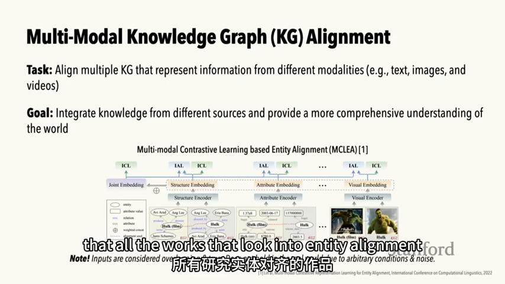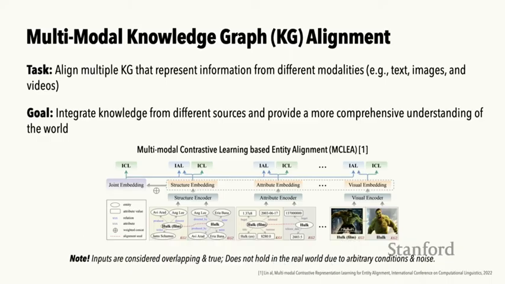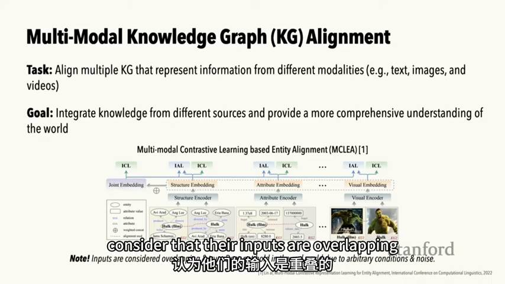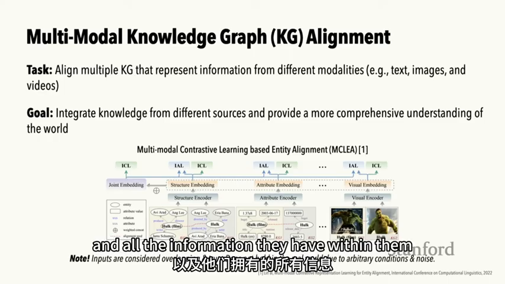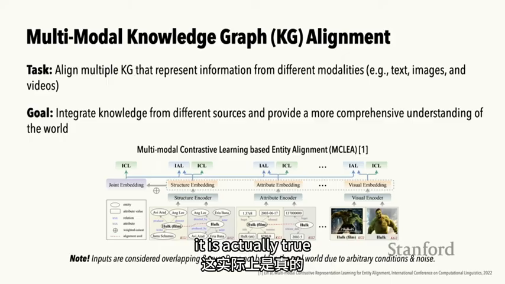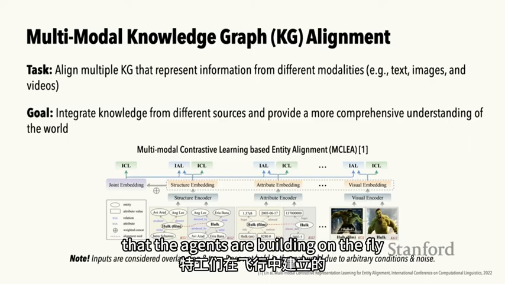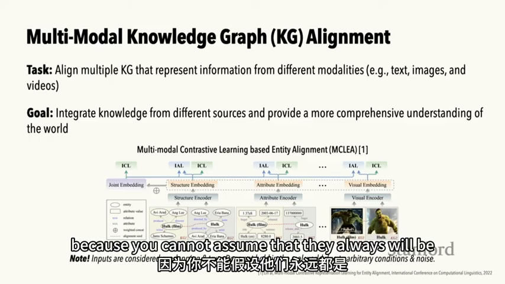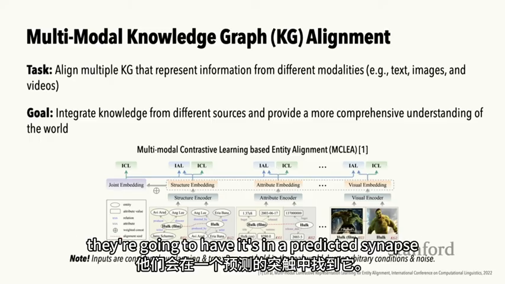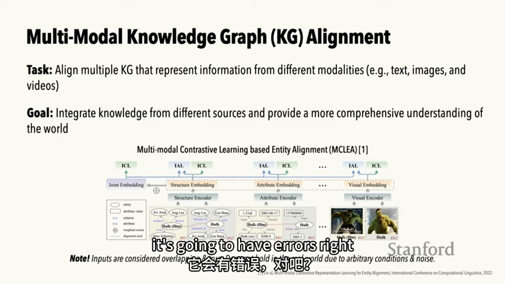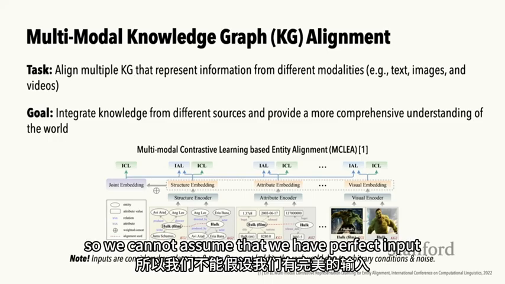However, please note that all the works that look into entity alignment, multimodal knowledge graph alignment, consider that their inputs are overlapping in information, and all the information they have within them is actually true, which is not the case when you're looking into using 3D scene graphs that the agents are building on the fly, because you cannot assume that there always will be overlap. And in addition to that, since it's a predicted scene graph, it's going to have errors, right? So we cannot assume that we have perfect input.